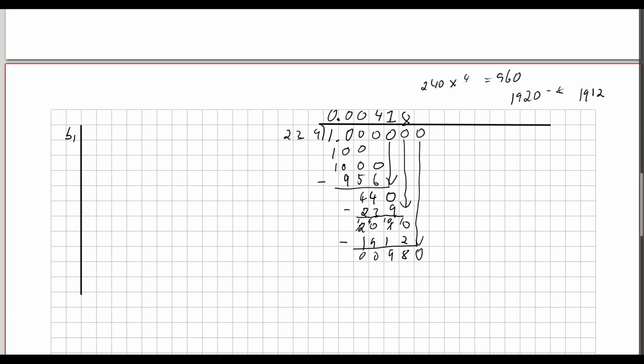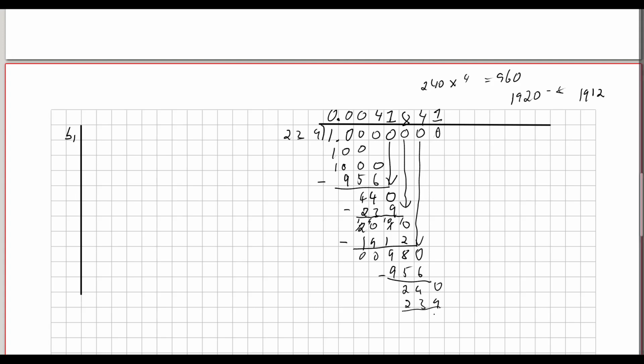Again, 239 will go in 4 times, so 956, and that is 24 when we subtract that. So again, we've got the 4 times, and we'll drop that 0. 240, well, 239 will only go in once, so 1 time there.